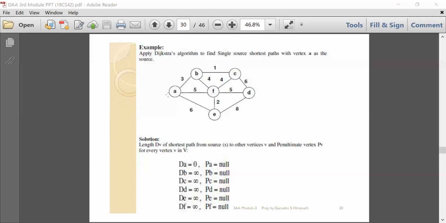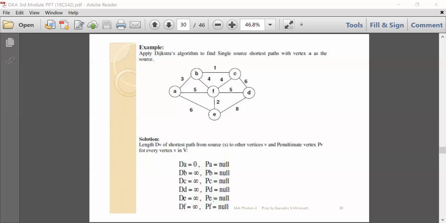That's why the distance from A to A will be 0, so DA will be initially 0. Remaining all distances: distance to B is infinity, distance to C is infinity, distance to D is infinity, distance to E is infinity, distance to F is infinity. Similarly, all the paths will be null.